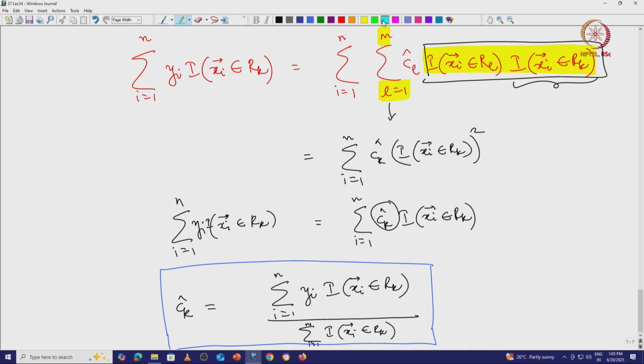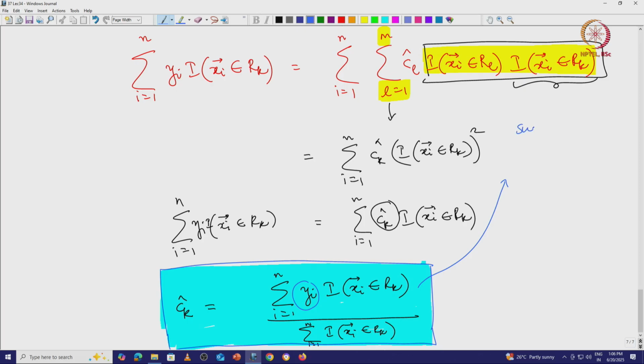Okay, I am going to box this up, and this is really nice, right, for reasons that I will reveal to you in a minute. This is nice because if you carefully see the expression, the numerator is the sum of the target variable of the points in region Rk.